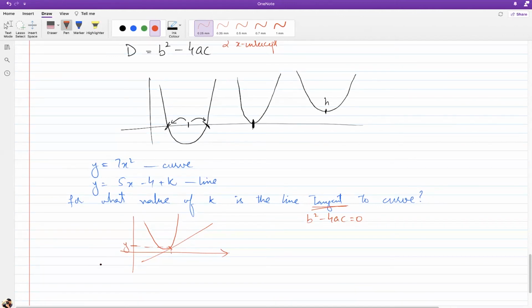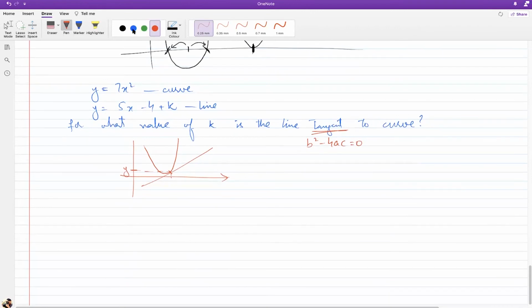And you have just done simultaneous equations. You know that if they are the same, you can solve it simultaneously. So we can put 7x squared equal to 5x minus 4 plus k, because we know that this will give us the same point because they are tangent.